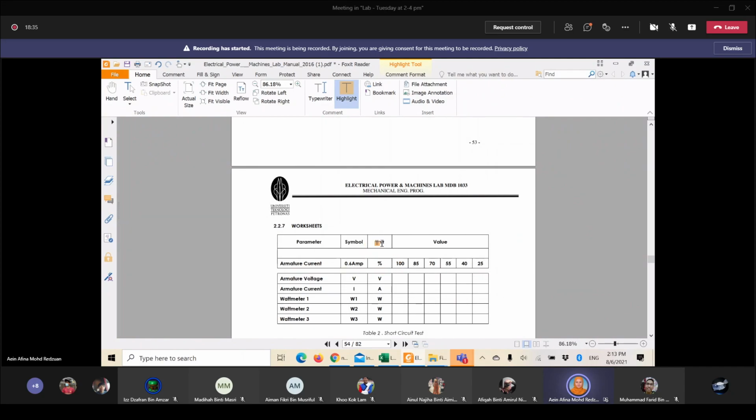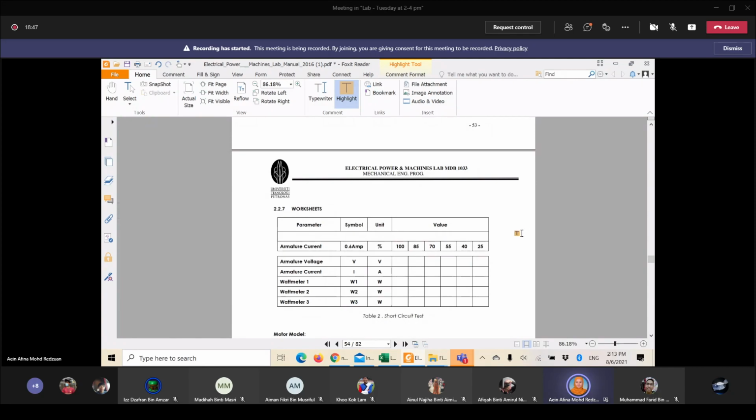So you have to vary the current by decreasing or increasing the voltage, until you have 100% of 0.6 ampere, which is the armature current.